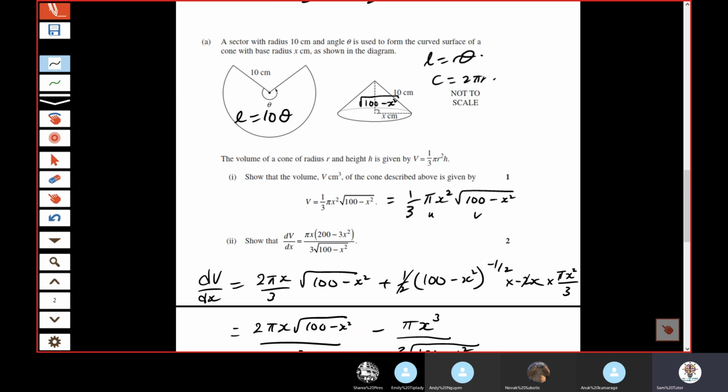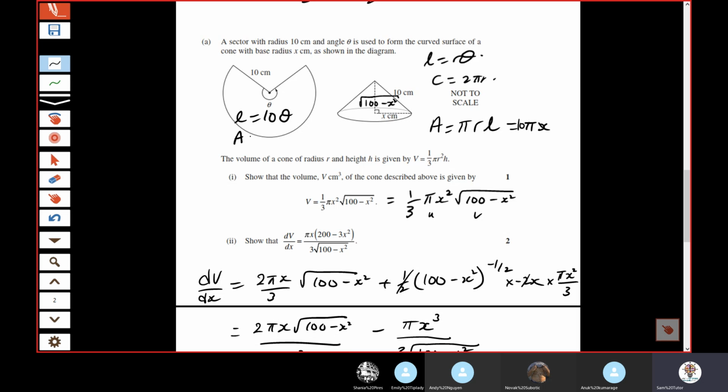We also know that, what else do we know? We know the curved area here, the area is pi r L, isn't it? So we know that area is pi times x times 10, so 10 pi x.